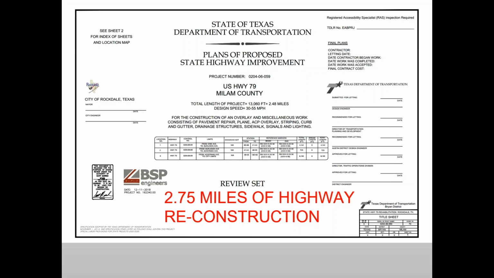I'm speaking to you today from Temple, Texas, which is about an hour north of Austin, Texas. This project included the reconstruction of about 2 3/4 miles of Highway 79 that traverses through Rockdale, Texas. This right here is just the cover sheet of our overall plan set.